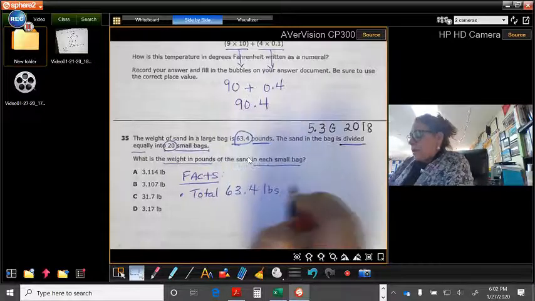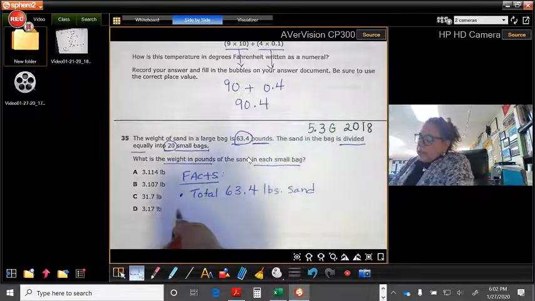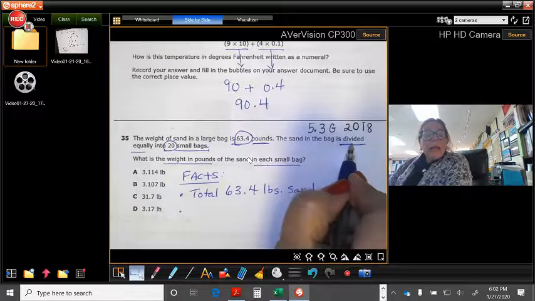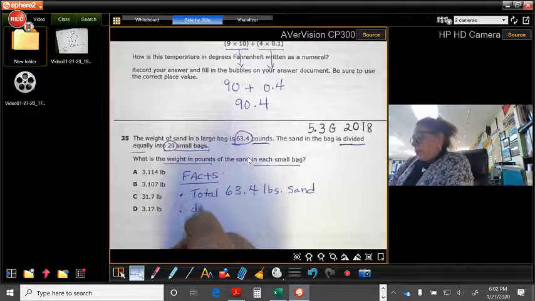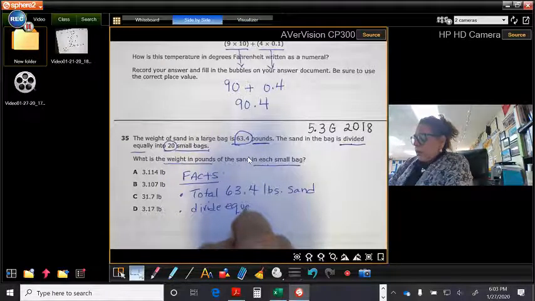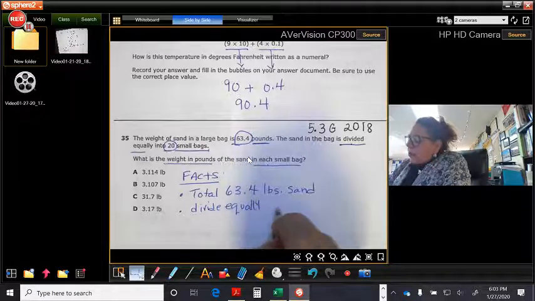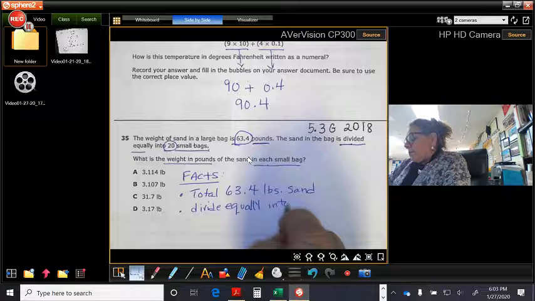It's a lot of weight. And I know that I need to divide equally into 20 bags.